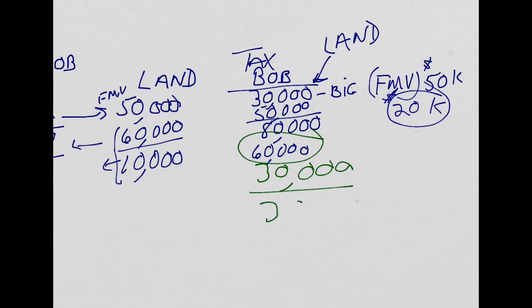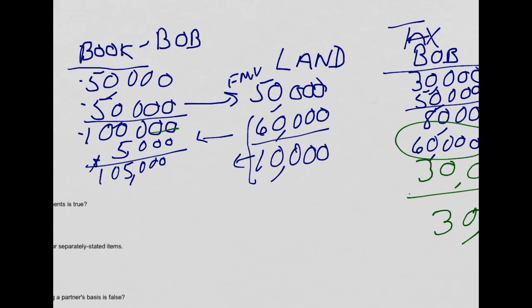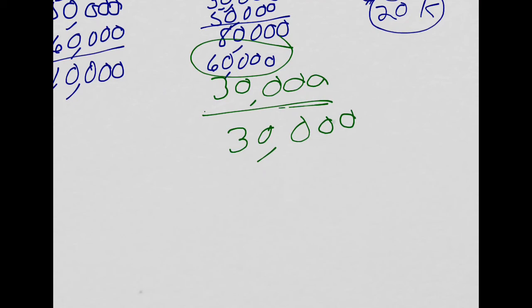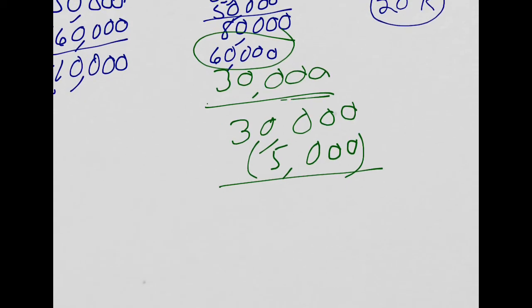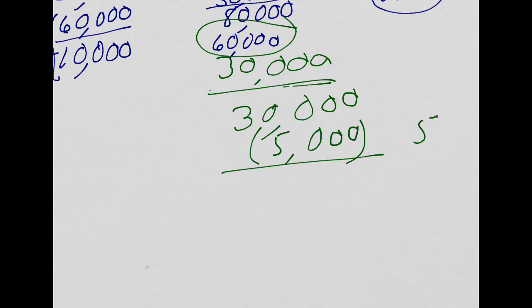That's a $30,000 gain. Now we know that for book capital, we already saw that $5,000 of the gain is going to go to Bob because it's going to follow the books. So $5,000 goes there. And then the other 5 goes to the other partner. So that's 5 over here.